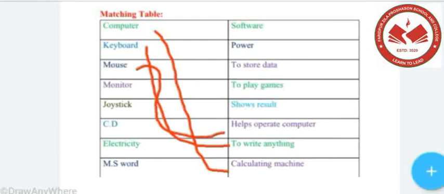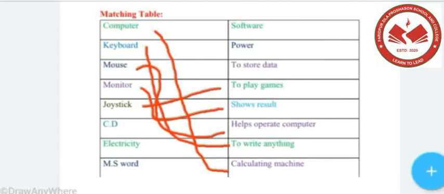Our another option is monitor. We know that monitor is used to show result in computer, so we can make a line between monitor and to show result. Joystick. We know that we use joystick to play games, so we can make a line between joystick and to play games. CD.